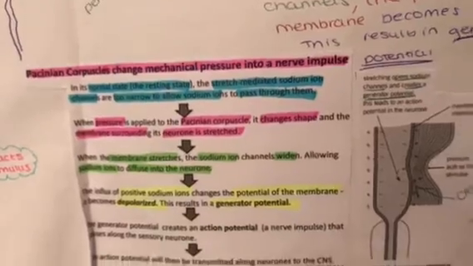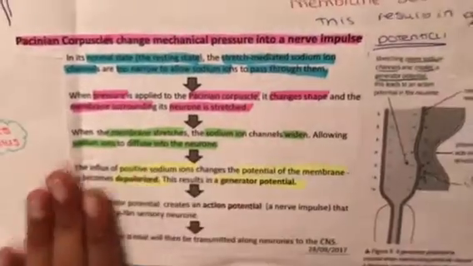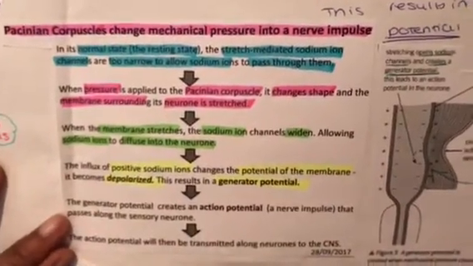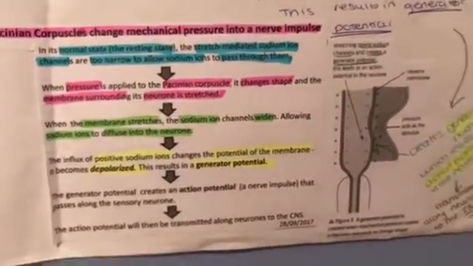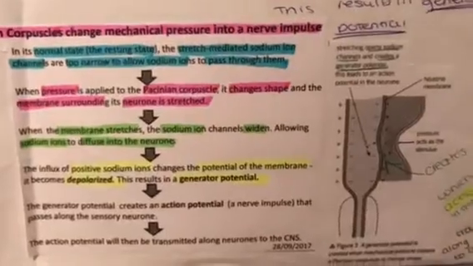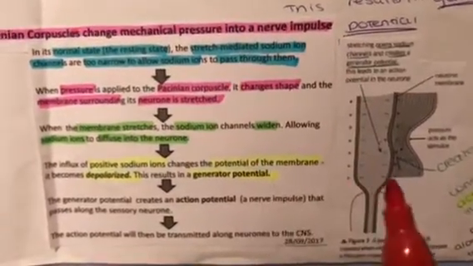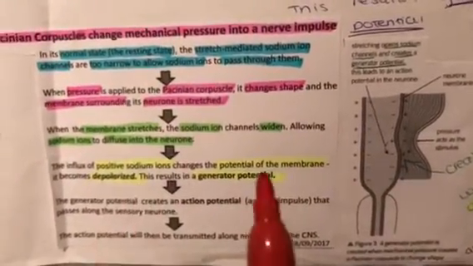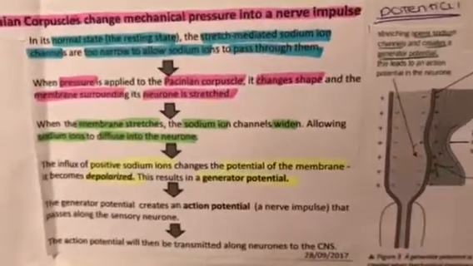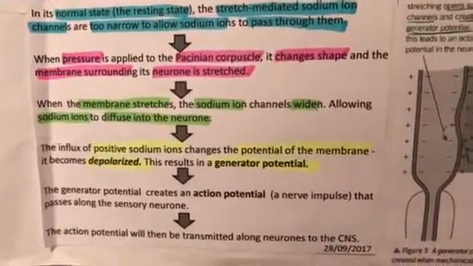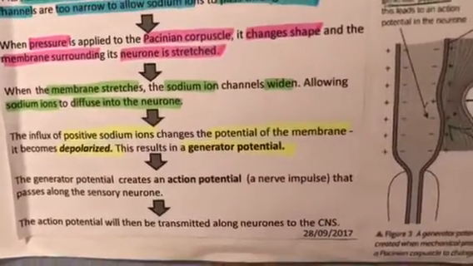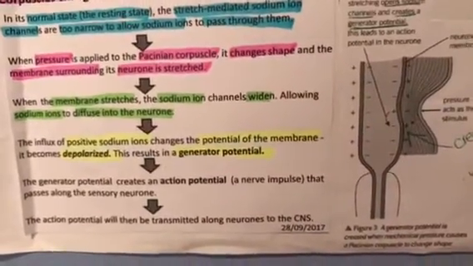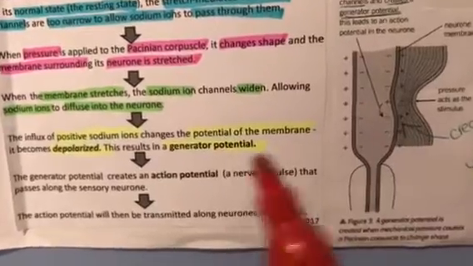When the pressure is applied, the Pacinian corpuscle changes shape, and the neuron surrounding it is stretched. So when the membrane stretches, the sodium ion channels widen, allowing more sodium ions to diffuse into the neuron. The influx of positive sodium ions changes the potential of the membrane. It becomes depolarized. This results in a generator potential.